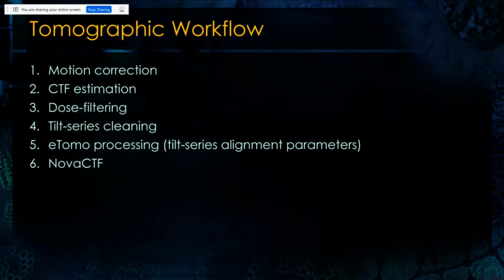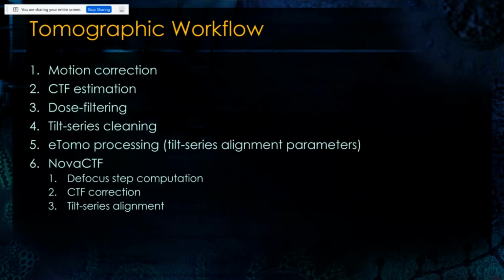And then we go for novaCTF, which means that we first, based on the CTF estimation, decide how much we trust our CTF estimation and how finely we want to sample the reconstruction space. So we have this defocus step determined. Then we do the CTF correction.